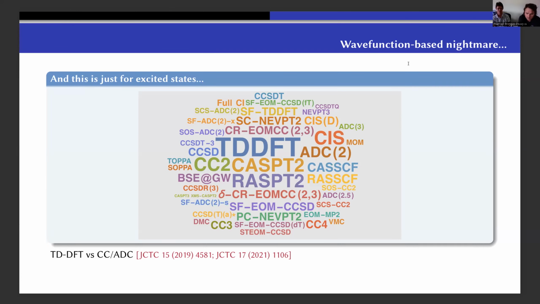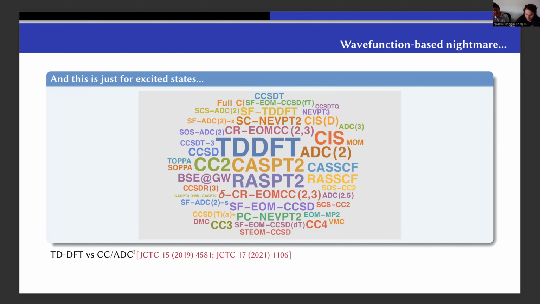Ab initio methods are also not always more accurate than TDDFT. If you choose the right functional for your TDDFT calculation, you may have an accuracy very similar to coupled cluster or second-order ADC(2) methods.